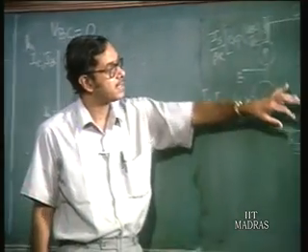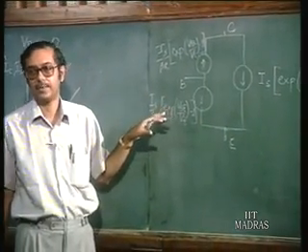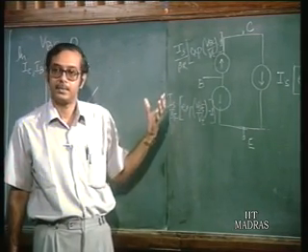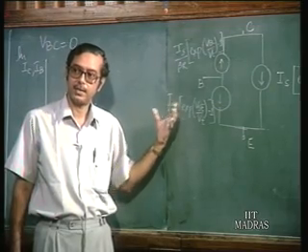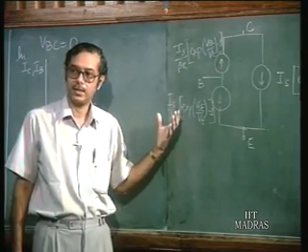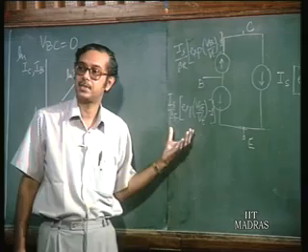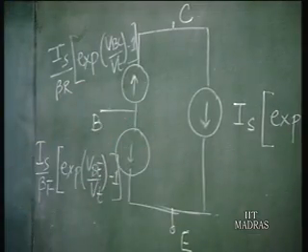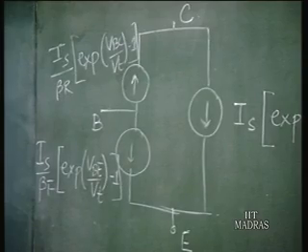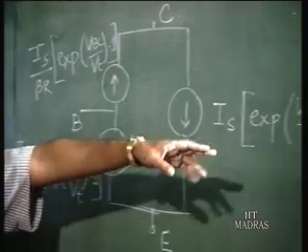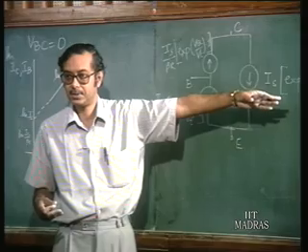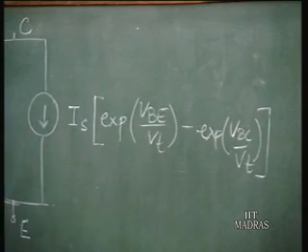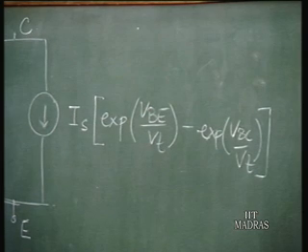An interesting thing is that you see for yourself here that when VBC is 0, the collector current is related to the base current, is beta f times the base current. Also, if VBC is negative, then also you can neglect those exponential VBC by VT terms with respect to exponential VB by VT terms.